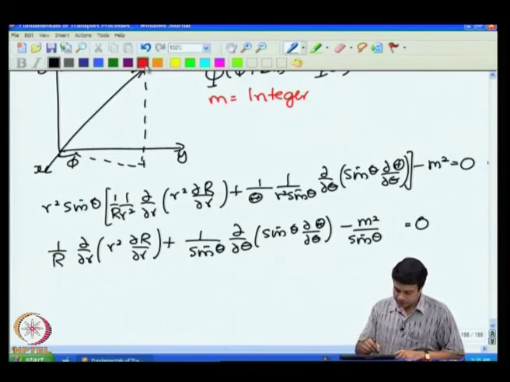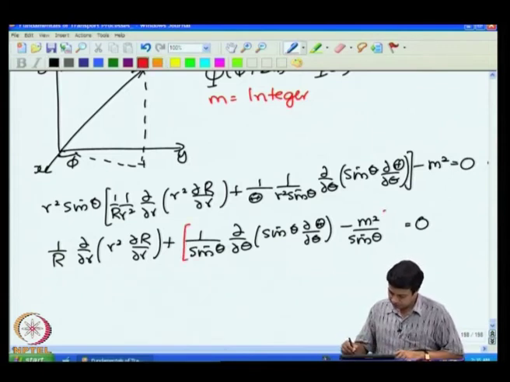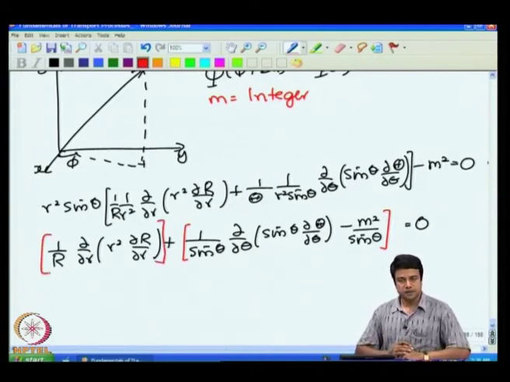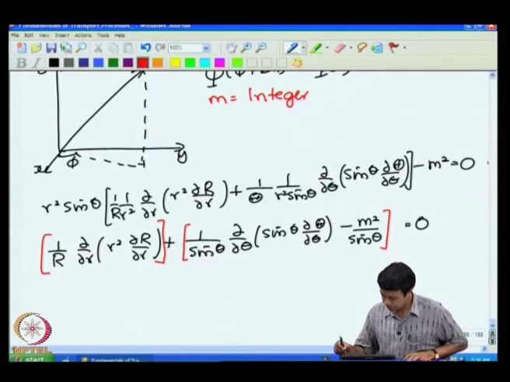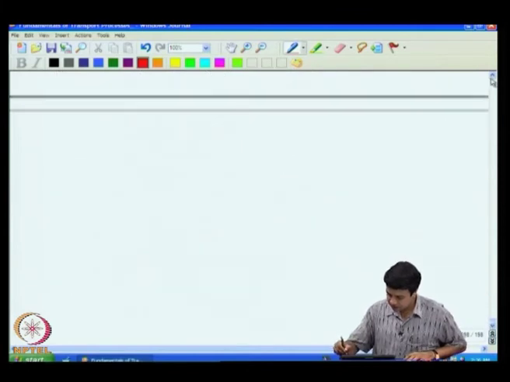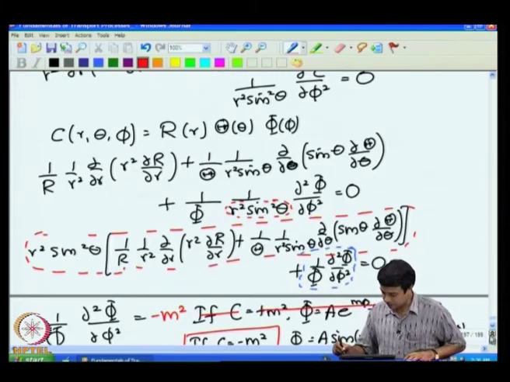Now you can see that this term is a function of theta alone and this term is a function of r alone. That means that both of them individually have to be equal to constants. Once again, we will ask the question, what should those constants be? Should they be positive or negative?